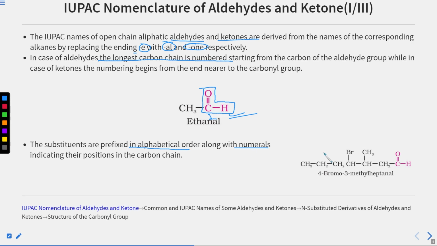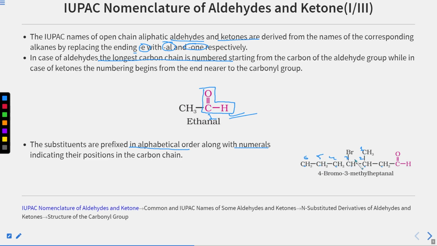So what does it mean? If you look at this example here, it has 1, 2, 3, 4, 5, 6, 7 carbons, plus we have one carbon. So first of all, we try to find the longest chain. I will not number it, I am just trying to find the longest chain. 1, 2, 3, 4, 5, 6.